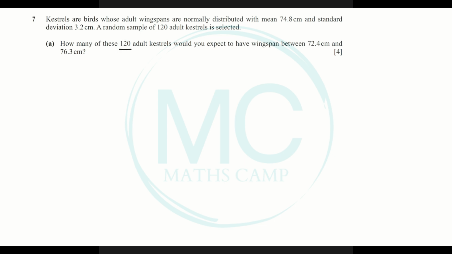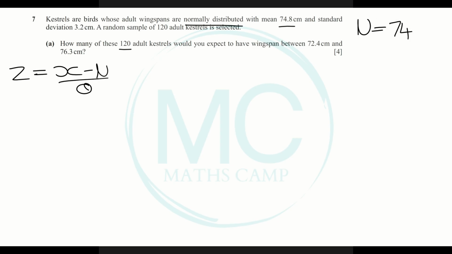We're working with normal distribution. So to find our probability, we're going to use the formula Z is equal to X minus mu over standard deviation. Mu, the mean, is 74,8. Let's make a note of this. Mu is 74,8.